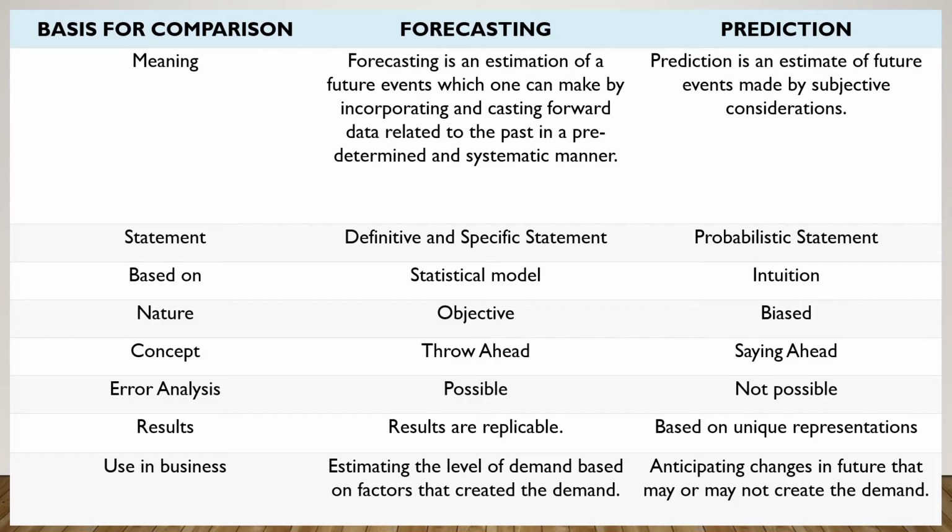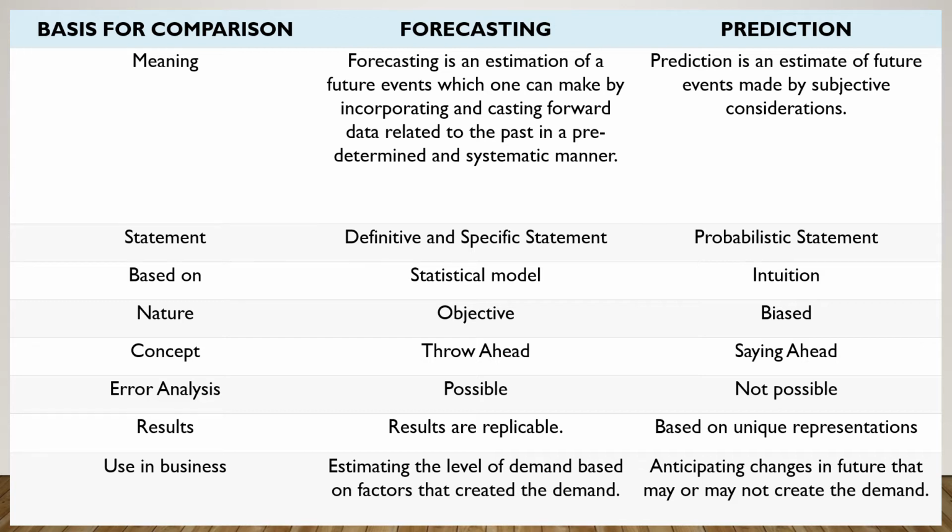Their basic difference is the meaning. Forecasting is an estimation of future events which one can make by incorporating and casting forward data related to the past in a predetermined and systematic manner. But the prediction is an estimate of future events made by subjective considerations.